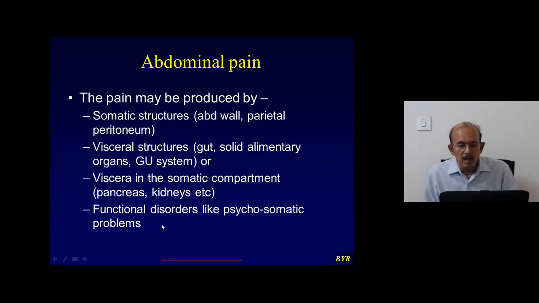There is one more condition called non-ulcer dyspepsia. Apart from irritable bowel syndrome, there is one more condition called non-ulcer dyspepsia. The name itself tells you there is no ulcer, there is no peptic ulcer, but the patient will have symptoms just like peptic ulcer. That is why it is called non-ulcer dyspepsia. So that is again another functional disorder.